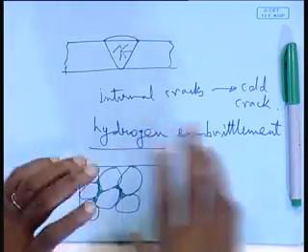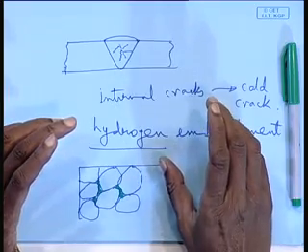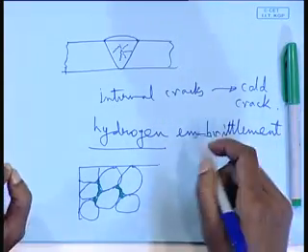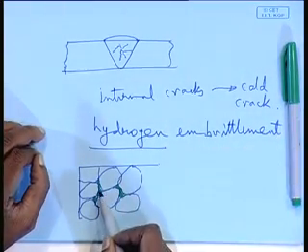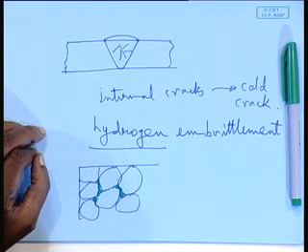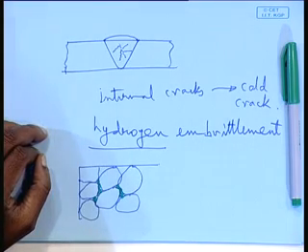If there is too much moisture, from the moisture that H2O gets dissociated, and the hydrogen in atomic form gets lodged in these microstructural voids in between the grains.